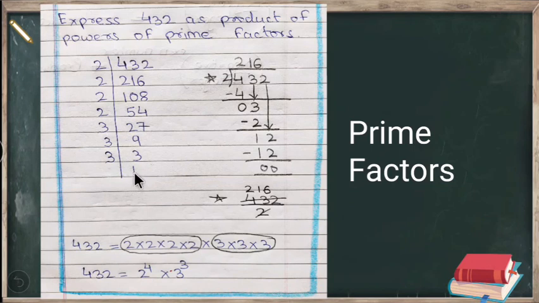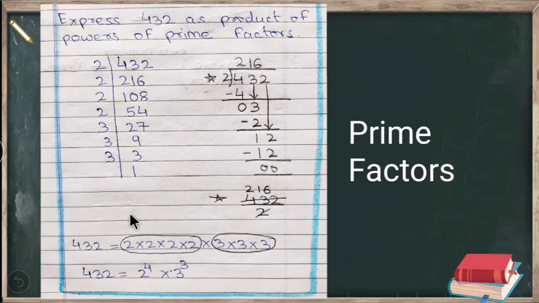Now we got the quotient as 1, so the prime factorization method will stop here, and 432 can be written as the product of 2 into 2 into 2 into 2 into 3 into 3 into 3.